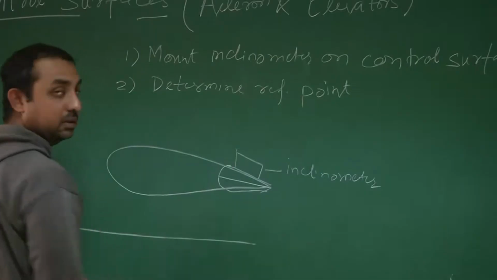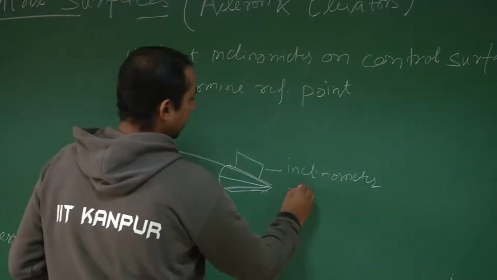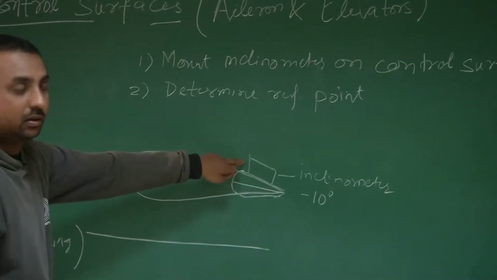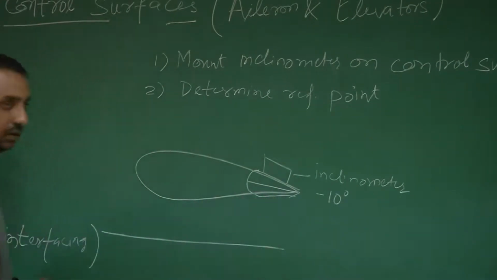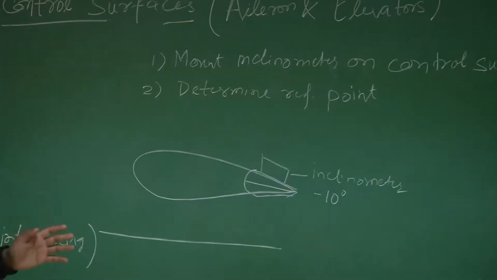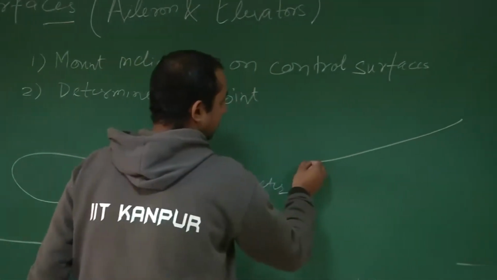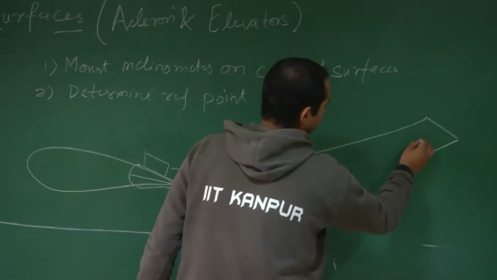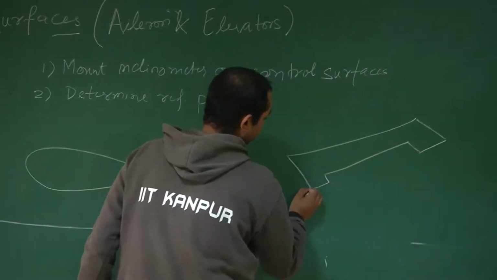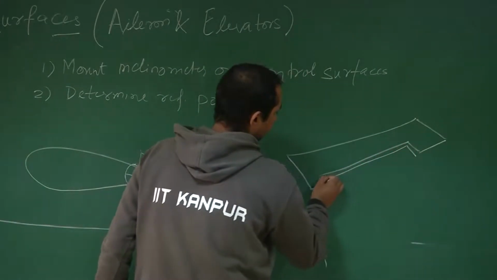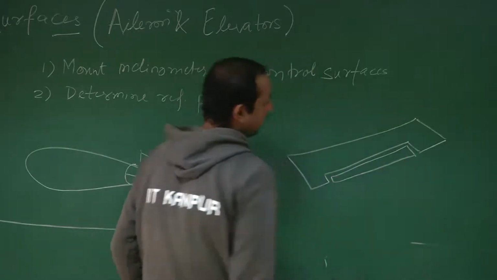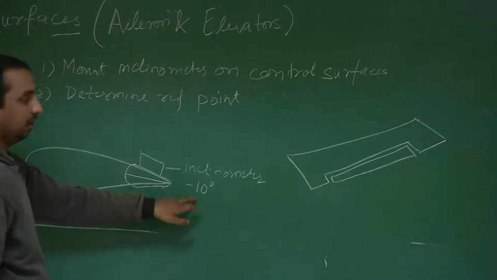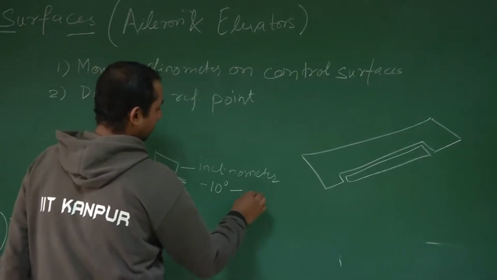Say for this particular instance it's giving you minus 10 degrees. So your default or reference point is without any deflection, when your control surface has not been deflected. Suppose this is your wing, this is your control surface, and it has not been deflected, then this represents your reference point. So say for this particular angle, your voltage corresponding to this is 3 volts.